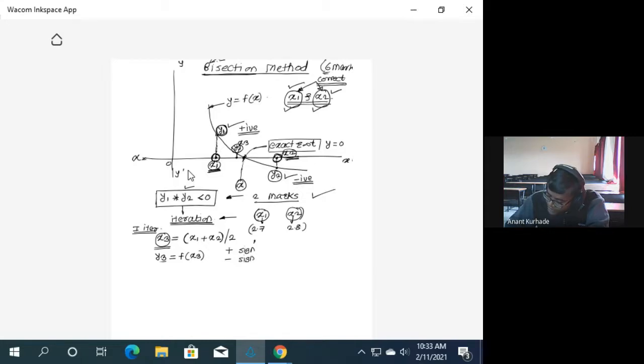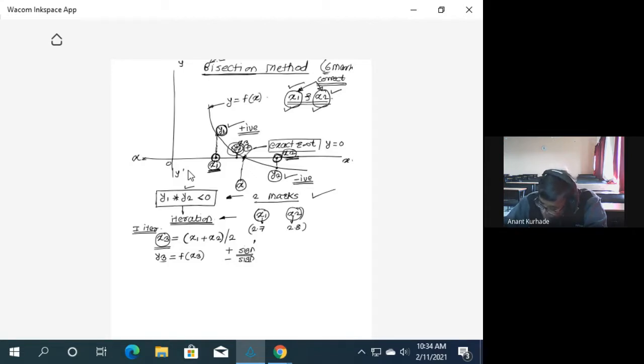By observing this value of y3, it has a plus sign. But what is our requirement? In order to find the root of the equation, if we have two values of y, one plus and one minus, we have to compare the sign of y3 with y1, and compare the sign of y3 with y2.